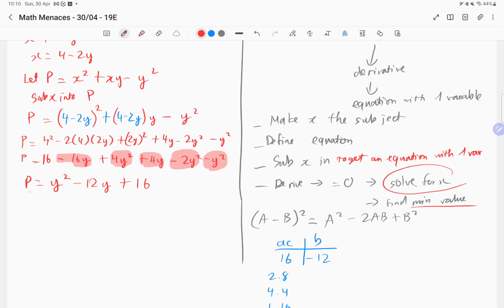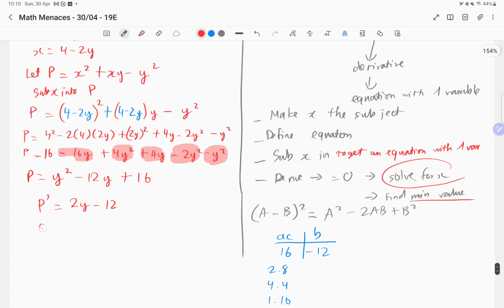And then you substitute in 0 for p dash. Okay, so let's write p dash equals 2y minus 12. Right, now it's a lot more simple. So then sub 0 into p dash, 0 equals 2y minus 12. Then you got 12 equals 2y, and then 6 equals y.